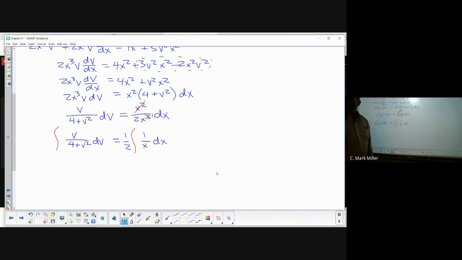Pop quiz. This is why you need those derivatives. What is the antiderivative of each of these? What are each of those indefinite integrals? The antiderivative of 1 over x and the antiderivative of v over 4 plus v squared.